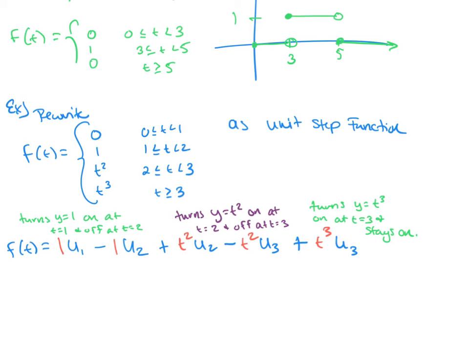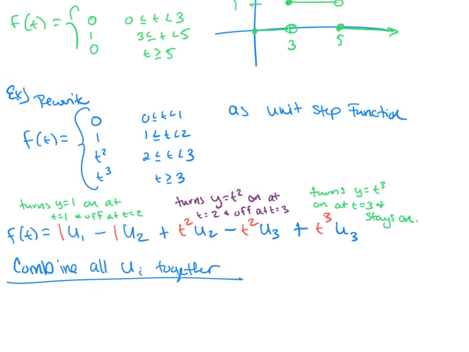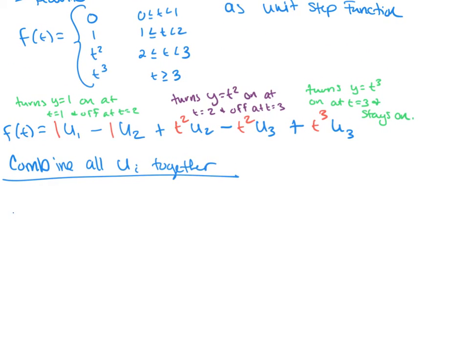For Laplace transform purposes, it will be beneficial to combine all of your u sub i's together. So that will look like this. F of t equals u1. There are no other u1s.